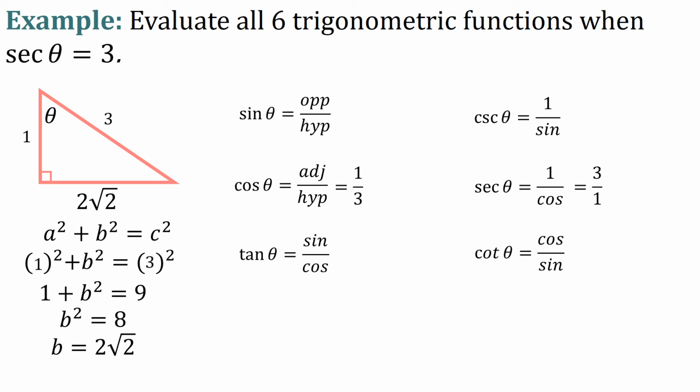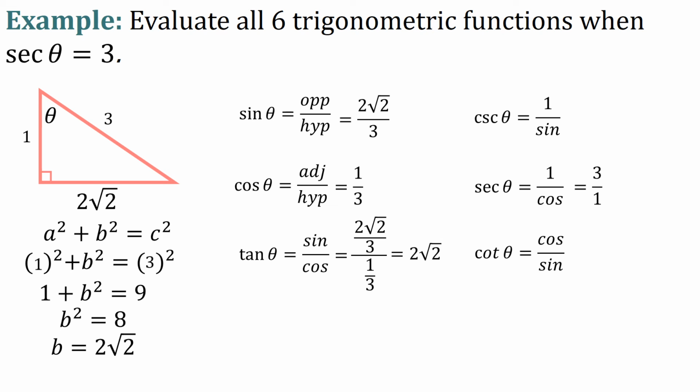So let's finish finding our other 4 trig functions. Opposite over hypotenuse. Opposite of our theta is 2 square root of 2, and our hypotenuse is 3. We already know cosine, so we can move on to tangent. Sine over cosine, 2 square root of 2 over 3 over 1/3. And that's 2 square root of 2.